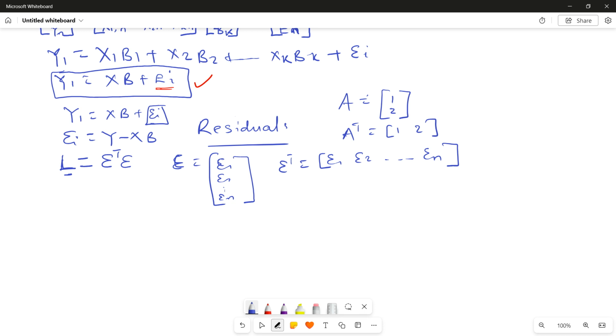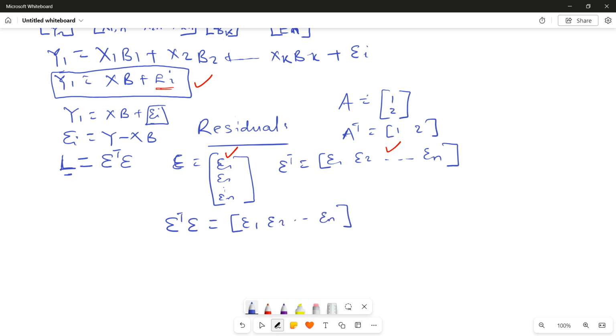Now what we also know is that this thing E transpose E can be represented as follows. Because our E, the vector that is containing the residuals, is this one, and its transpose is that one, E transpose E will just be the transpose, error 1, error 2 up to error n.